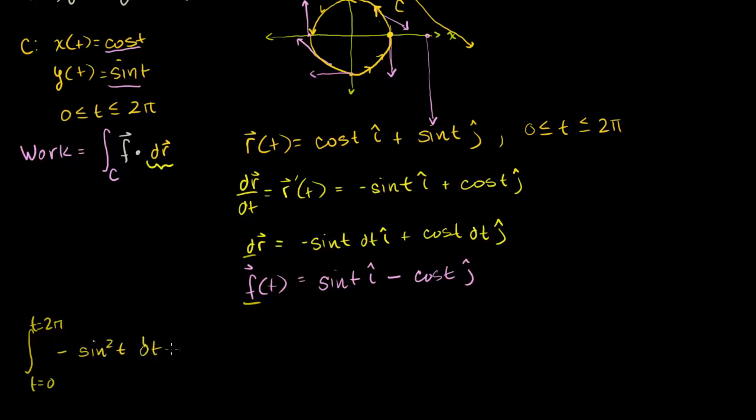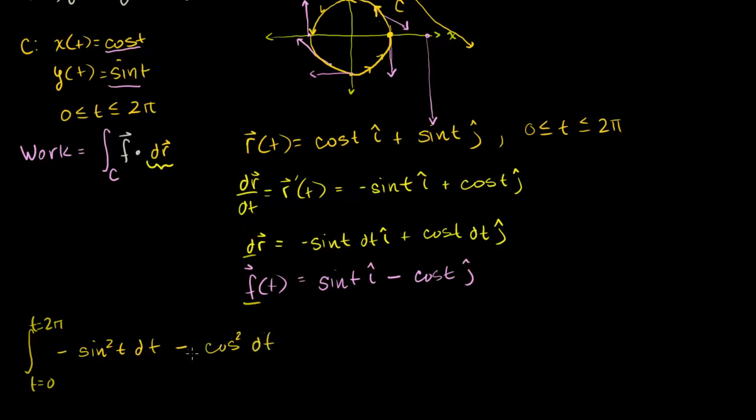And then you're going to add that to these two guys multiplied by each other. So that's, well, there's a minus sign here, so minus cosine squared dt.